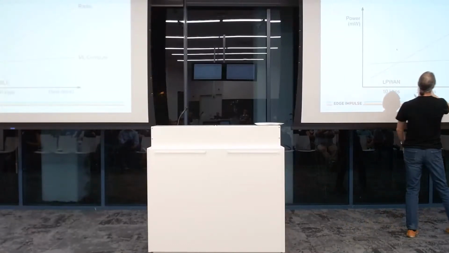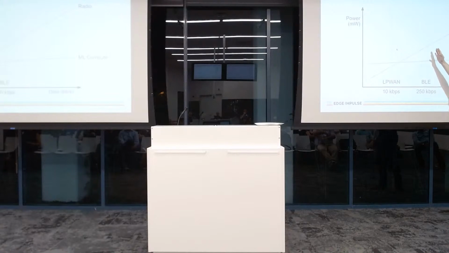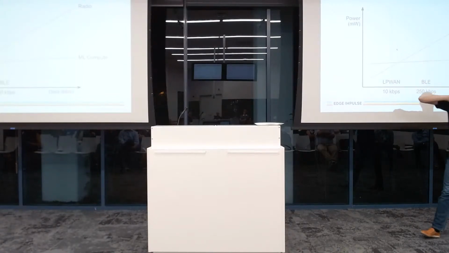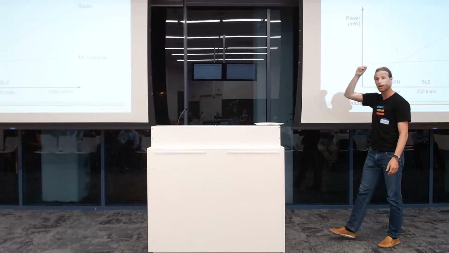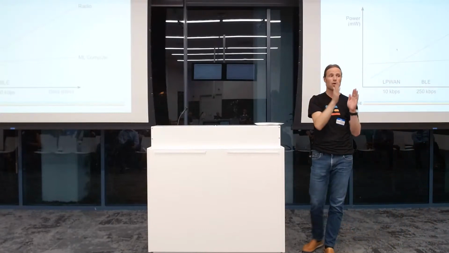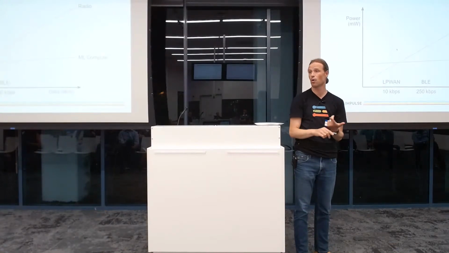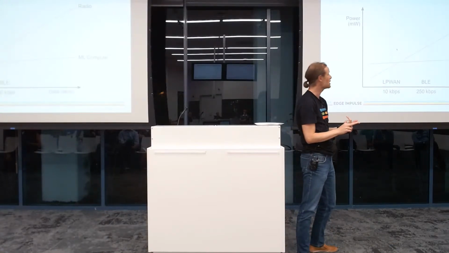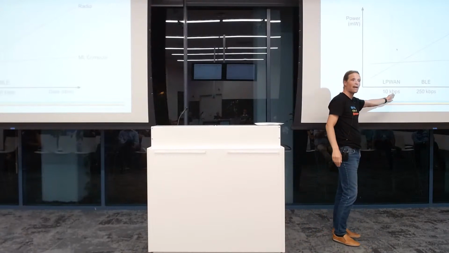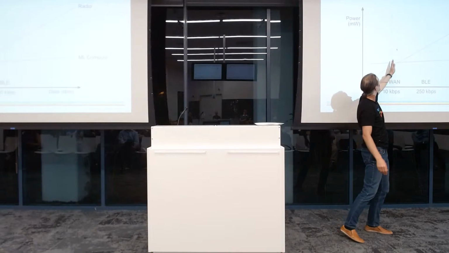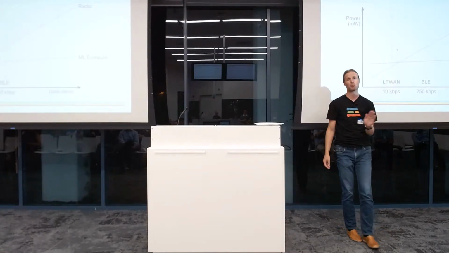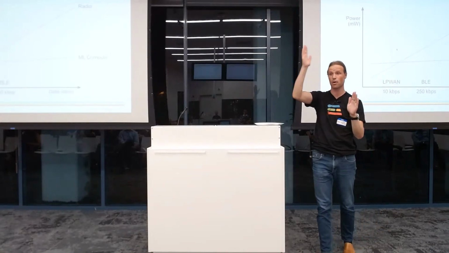You're in the land of, well, okay, right? It costs me a little bit more from a power perspective, but I could send this data to the cloud if I chose to, and there might be good reasons to do that. But interestingly, with low power wide area network radios, say Sigfox, LoRaWAN, NB-IoT, you're down at the tens, maybe 100 kilobits per second level. And you're hitting your max transmit speed already before you hit your energy window.